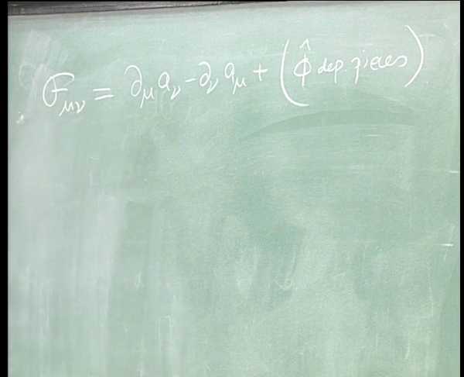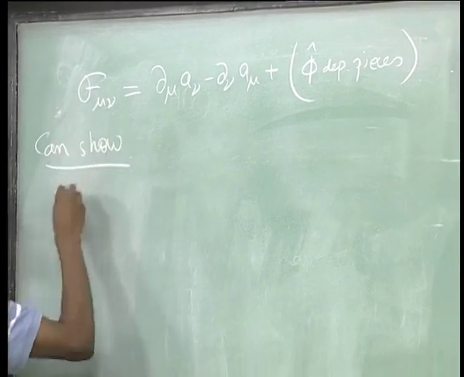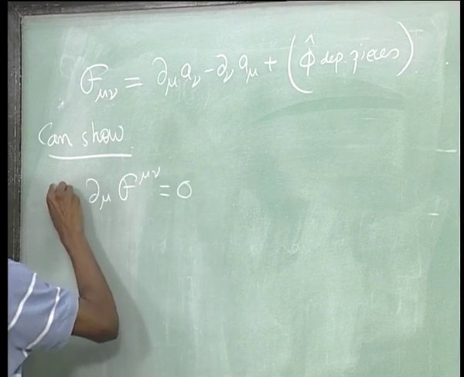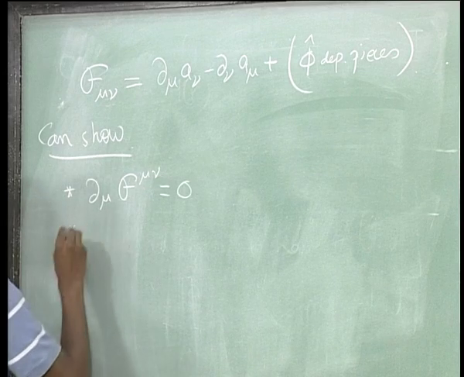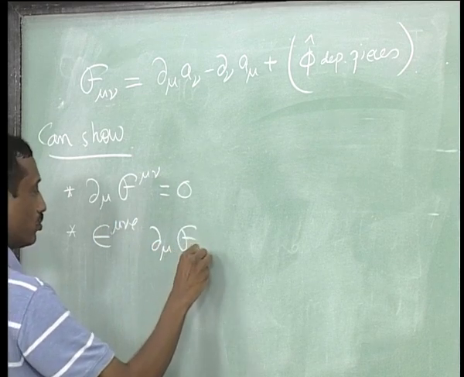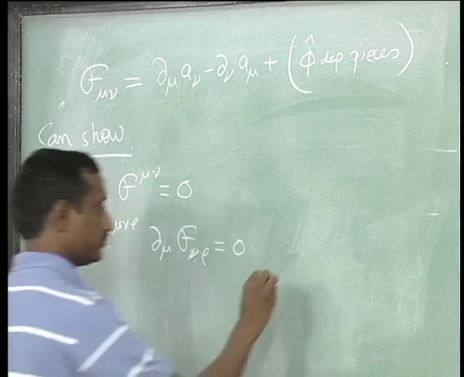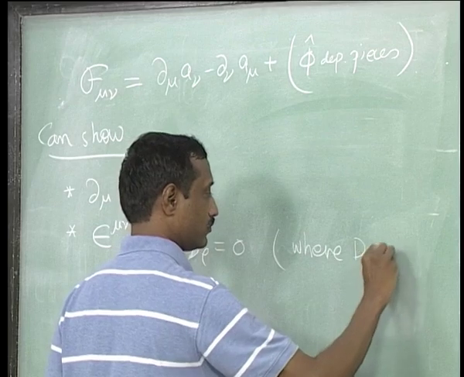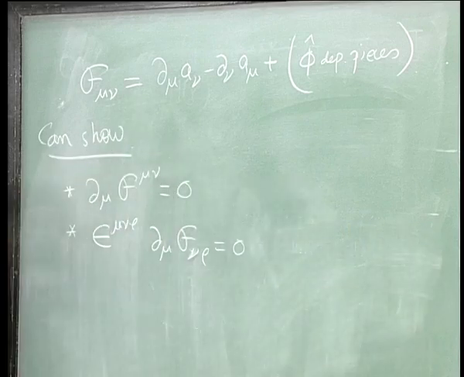So this f mu nu has certain nice properties you can show. First thing you can show is that d mu f mu nu is 0. Okay. And you can also show the Bianchi identity, which is epsilon mu nu rho d mu f mu rho equal to 0. Okay, where we have assumed that d mu phi etc. is 0, all these things we have, which is true. Okay.